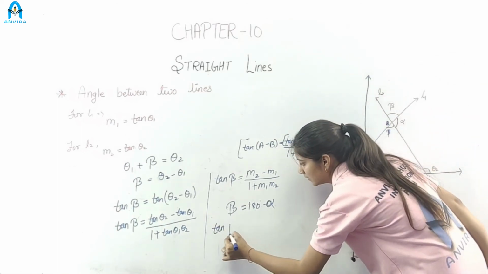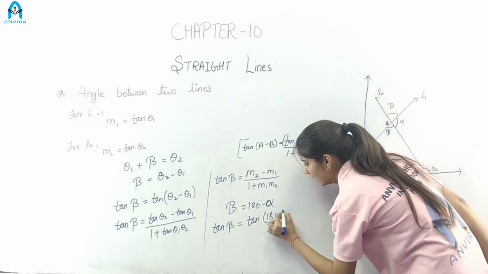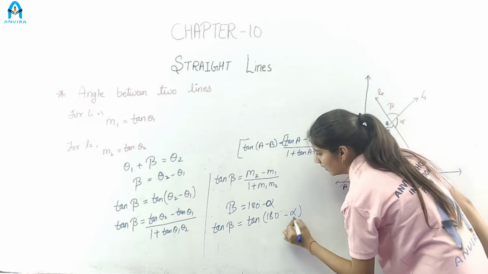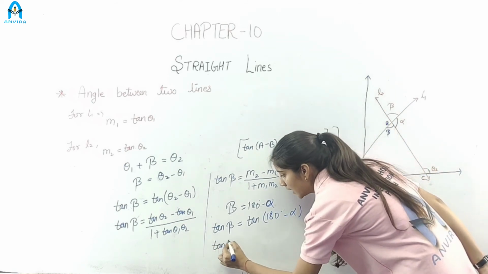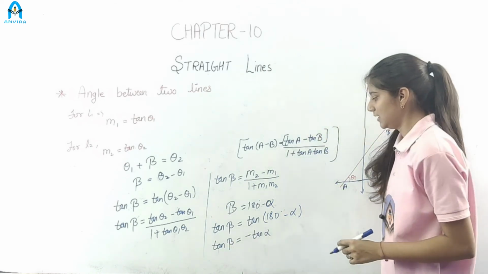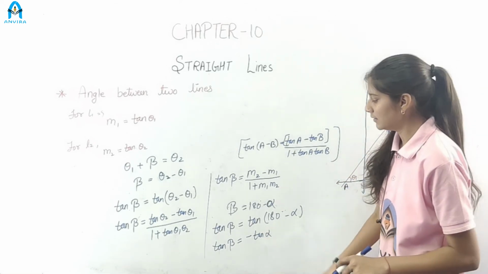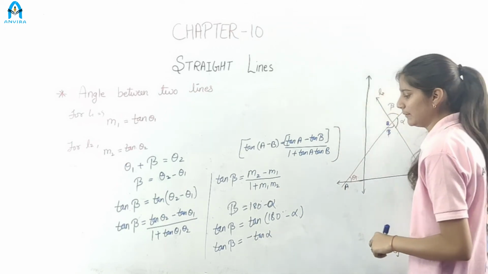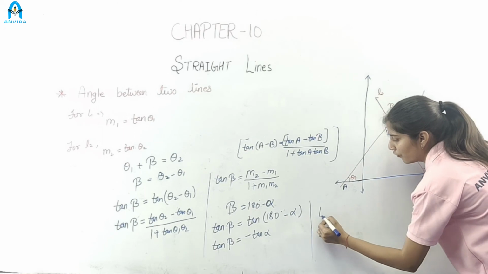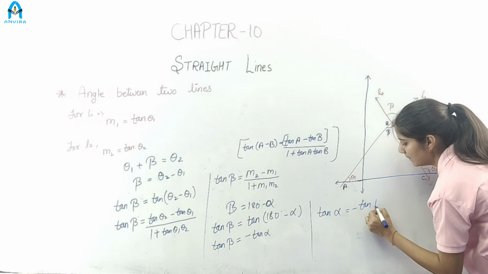Applying tan again, tan beta is equal to tan of 180 minus alpha, so tan beta is given by minus of tan alpha, since 180 minus theta is in the second quadrant and tan is negative in the second quadrant. So from here I can conclude tan alpha is equal to minus of tan beta.